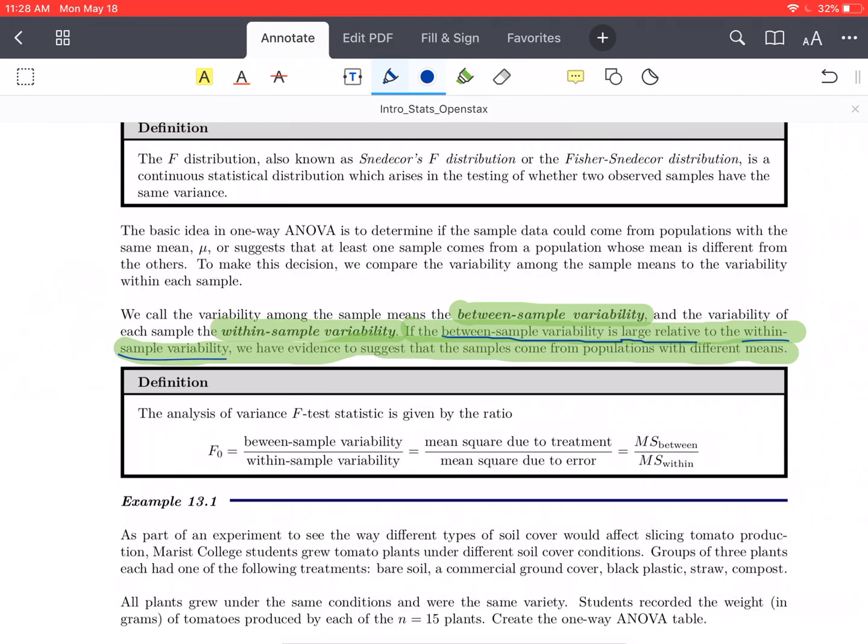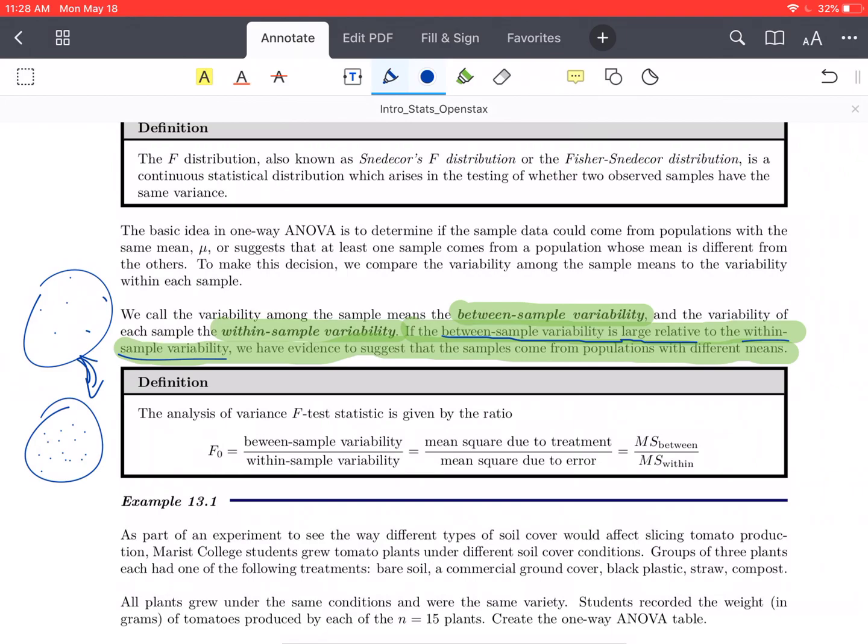Because if the within sample variability is very small, so within my sample here all these values are pretty close together, that would mean there's very little within sample variability. But then if I compare that to this one, and all these values are vastly different from each other, that means the between sample variability is very large.